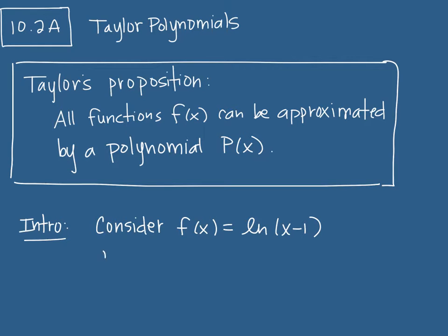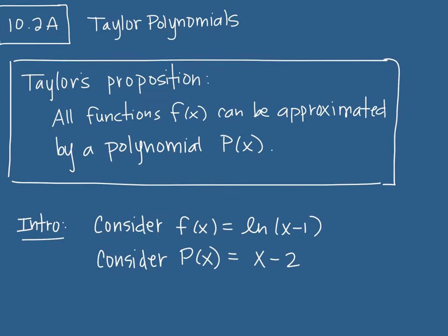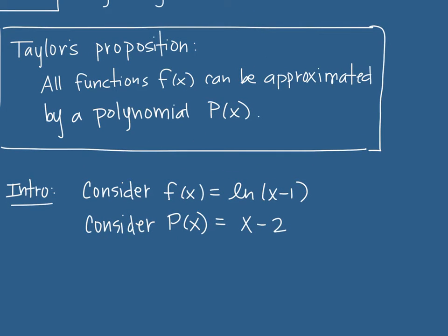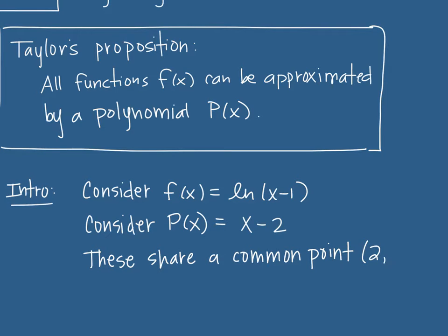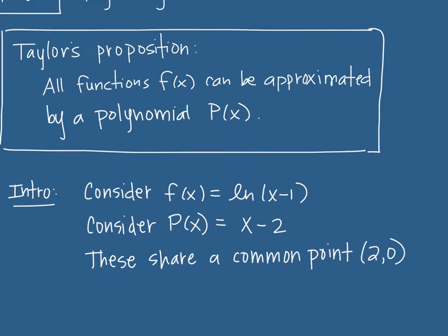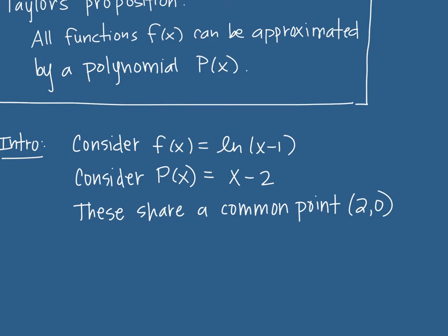Also consider a polynomial to be the simple linear function x minus 2. These two things share a common point, 2, 0. Both of them have 2, 0 in common.